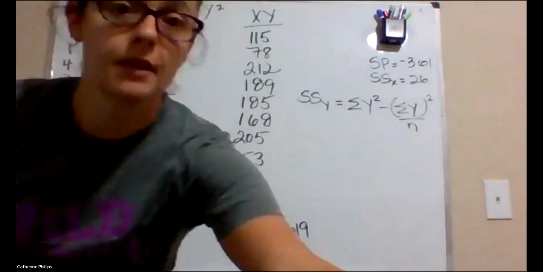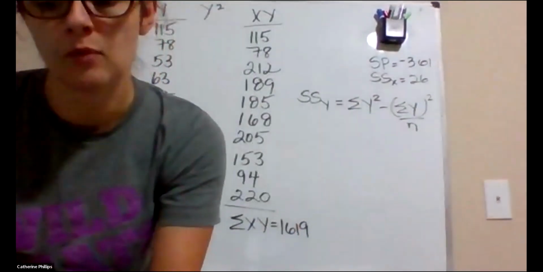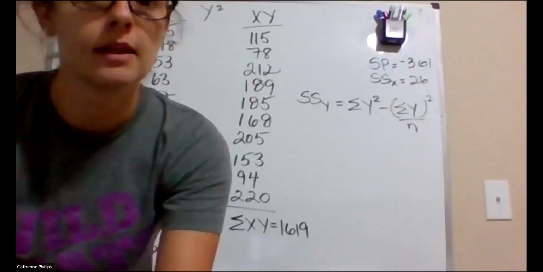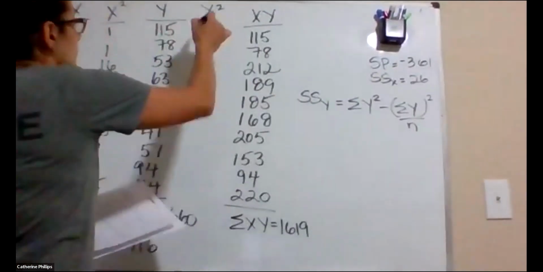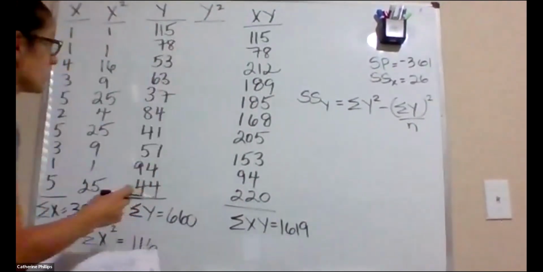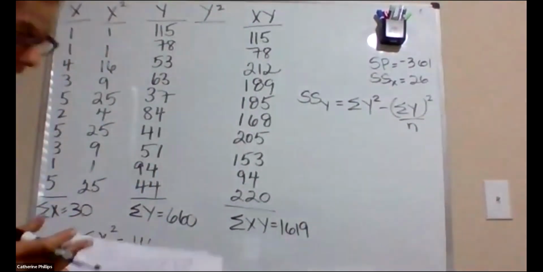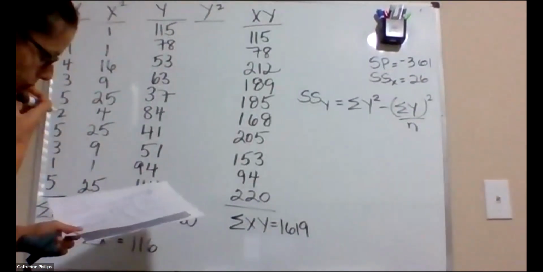I've got all these written out in order to be a bit more brief in the timing, because I don't know about you, but I cannot square 115 and get the right answer.